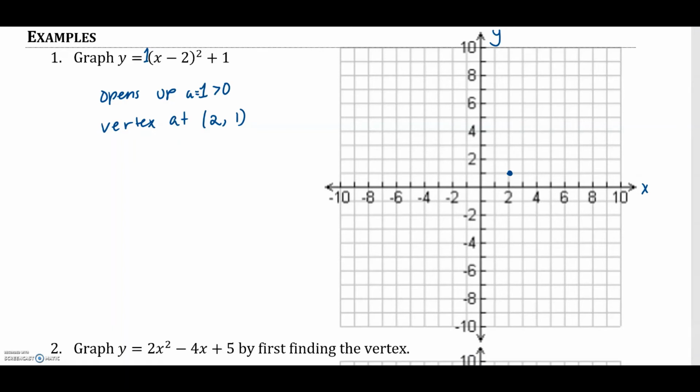Our next point will be over 1, up 1 from the vertex and in both directions. Then to find the next point, it's over 2, up 4. And lastly, over 3 and up 9. Now we can plot this parabola.